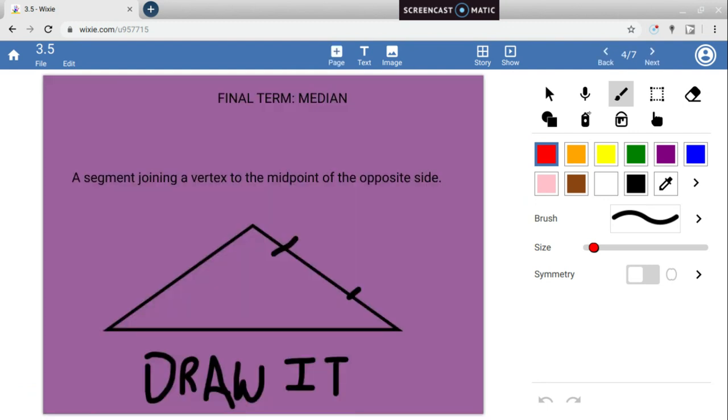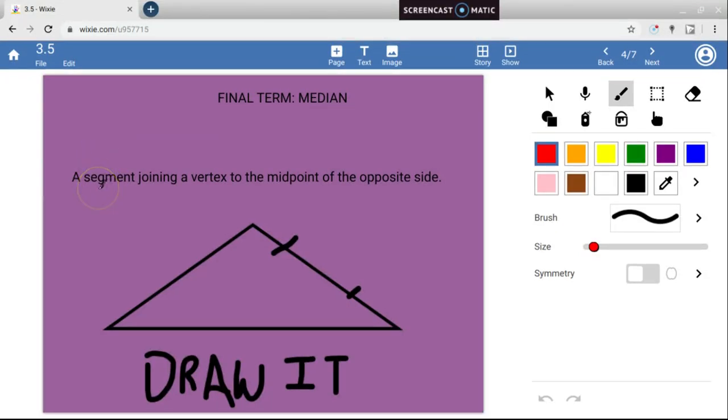Final term, median. This is a segment that is joining a vertex to the midpoint of the opposite side. So draw it. What does that look like? Well, if it is a segment, we know it's going to look something like that. And if it's joining a vertex to the midpoint of the opposite side, okay.